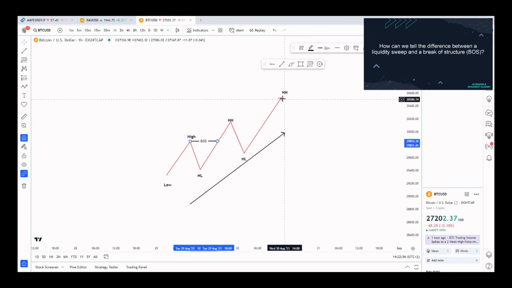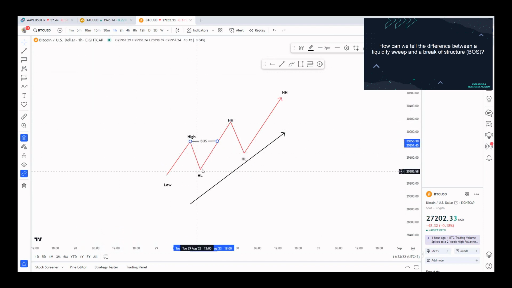Then after the higher high, let's say this continues but forms a lower low, you have a change of character. But a liquidity sweep is nothing more than price trying to make another high, a higher high, but failing.